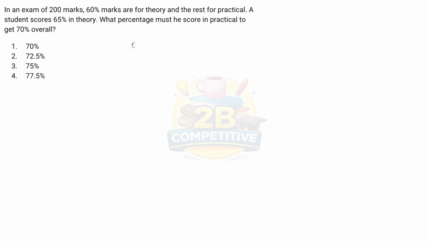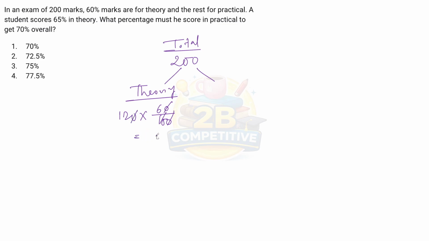Next is, in an exam of 200 marks, 60% marks are for theory and rest are for practical. So total marks is 200. Out of it, theory part is 60% of 200. 60% for theory.